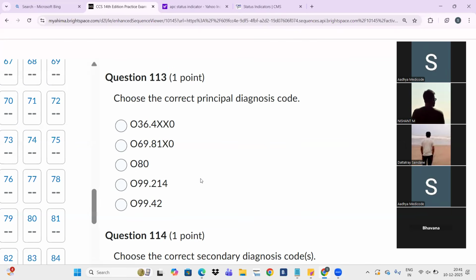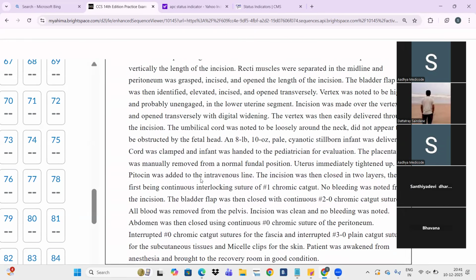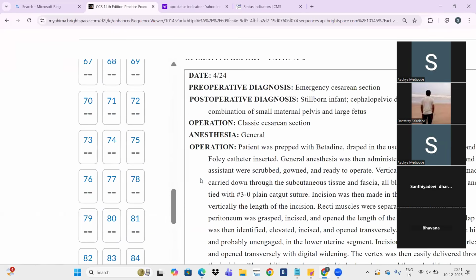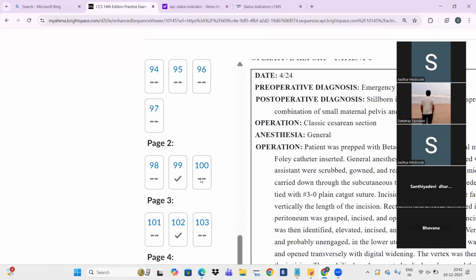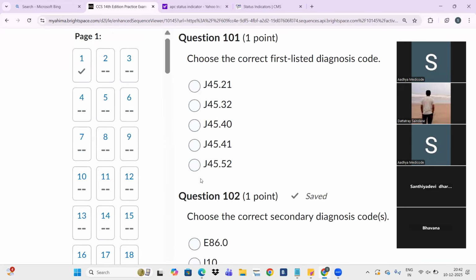They gave five options. You need to go through the descriptions and find the code for stillborn. So whenever you find a related established diagnosis for the reason of the admission, do not consider the symptom as the PDX.